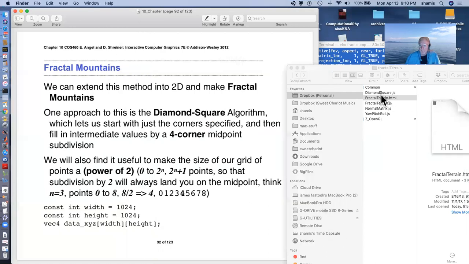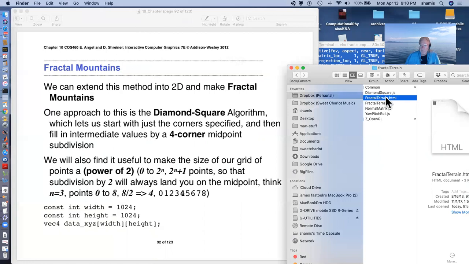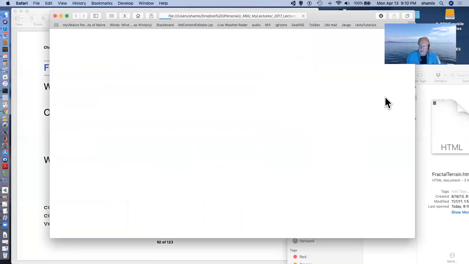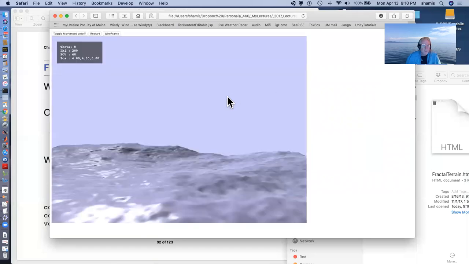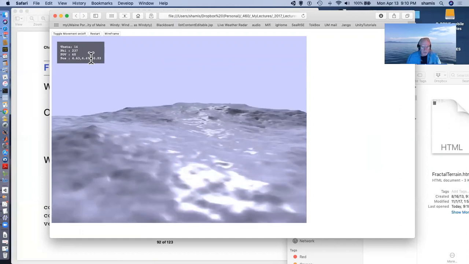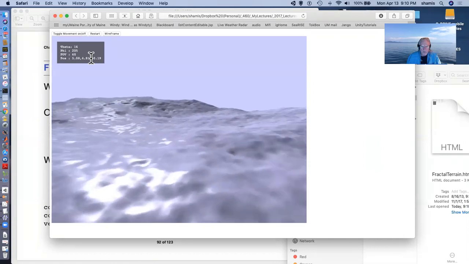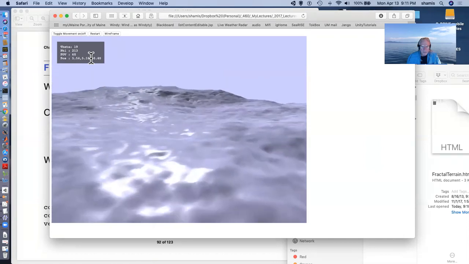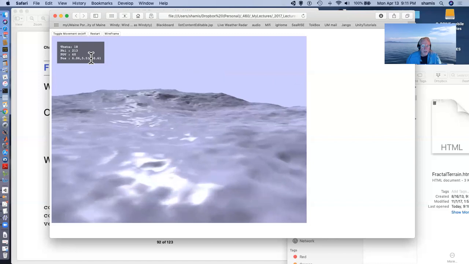And here's what fractal mountains can look like. So here's a fractal landscape made with basically a 2-dimensional version of that algorithm that I just showed you.